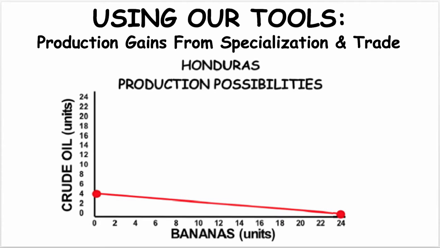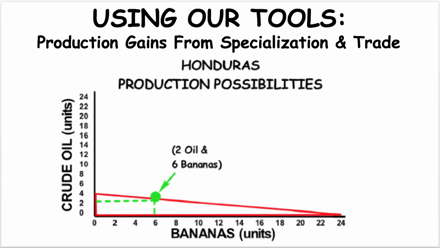So Honduras, if they want to, can produce either 4 units of oil and no bananas, or 24 units of bananas and no oil, but they could also pick some point in between. They could divide their resources up. So perhaps they might pick this point on the graph and produce 2 units of oil and 6 units of bananas. However, they could not produce anything outside or above the production possibilities curve.